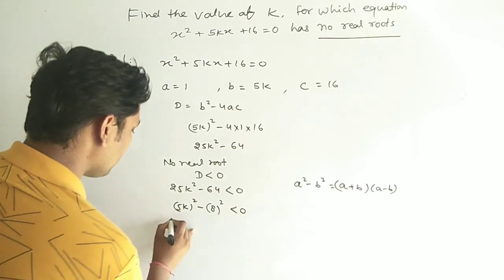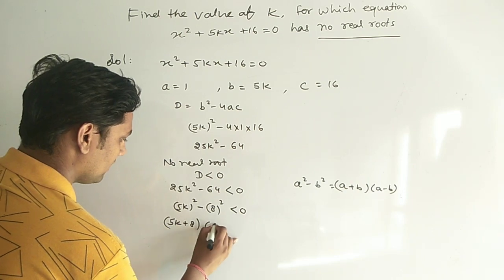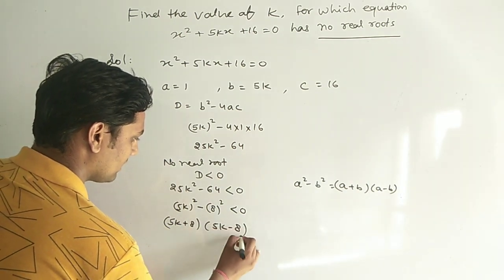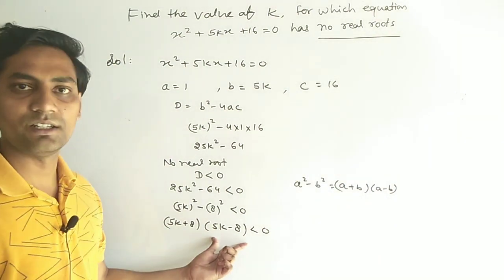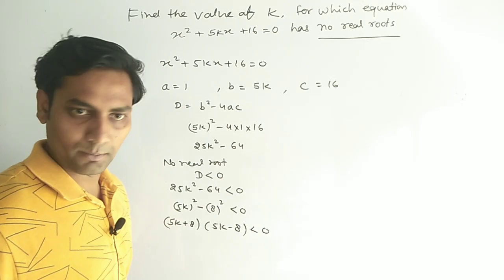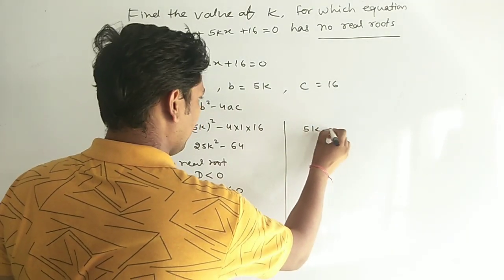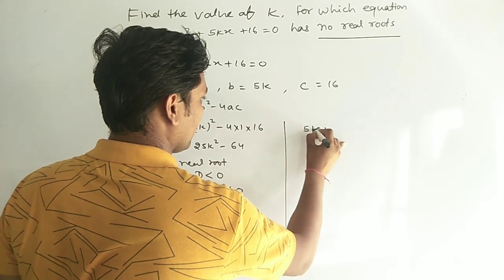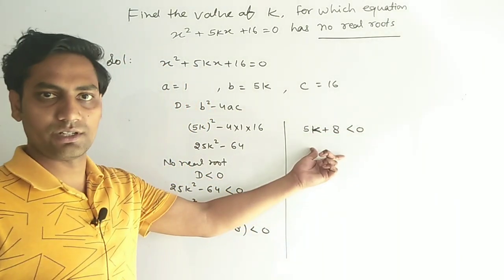So (5k plus 8)(5k minus 8) less than 0. There are two conditions. First is 5k plus 8 less than 0. It is the first condition.